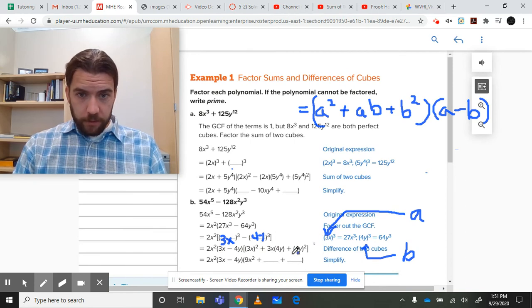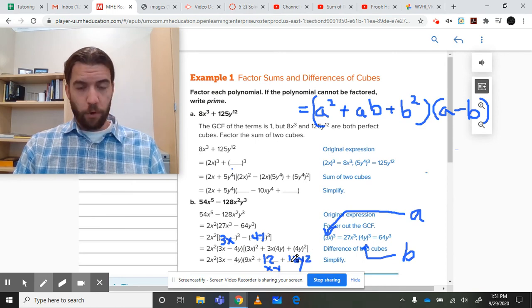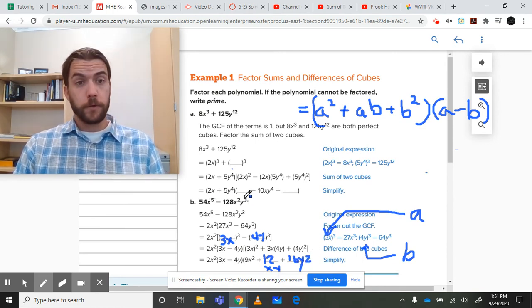When I put it all in and simplify, the only boxes we have left are to put 3 and 4, which makes 12xy. And for 4y squared, we square the 4 and we square the y. And we have our factored form of this difference.